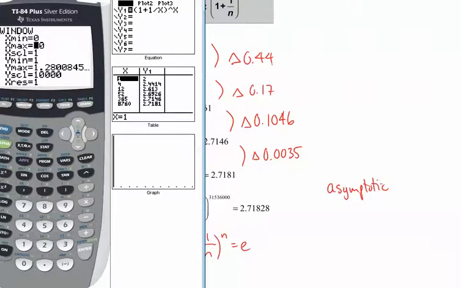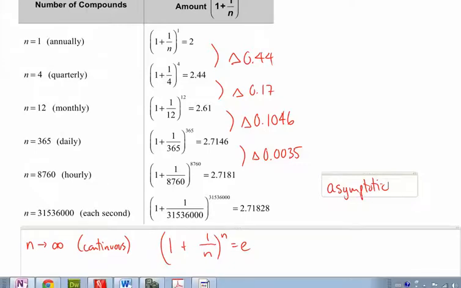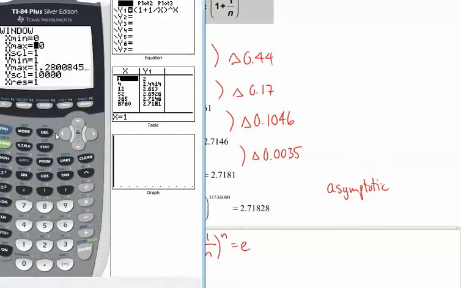So let's see, how big did we get? This was in the order of 30 million, right? So let's go to 25 million and let's scale by, oh, how about 5 million?